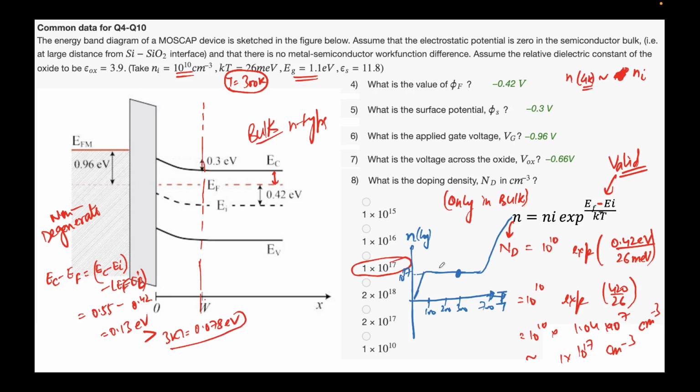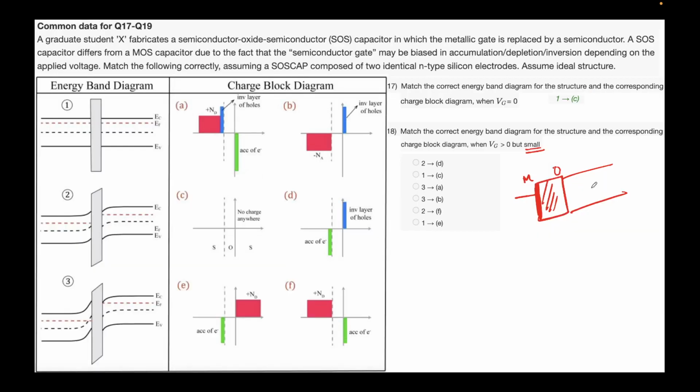So what I mean to say is that this is your metal gate, this is your oxide, and on this side you have your semiconductor, and I apply a small positive bias. What will happen here? Metal is positive, right? This is an n-type, so it will attract the electrons. It will cause accumulation.